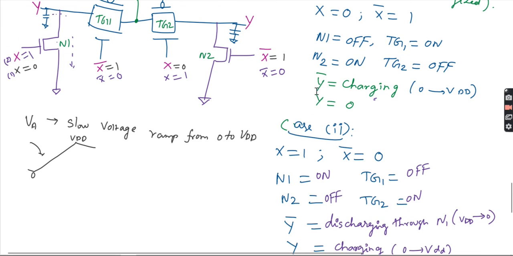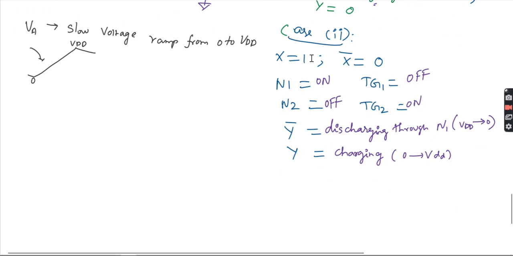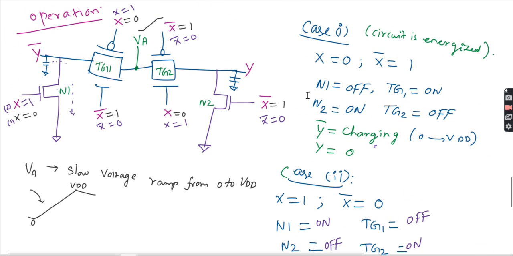See here, I am getting both complementary outputs. Y bar will be logically 1, VDD, Y equal to 0. So in the second case, I am getting Y bar will be 0, Y will be VDD. The circuit is energized.